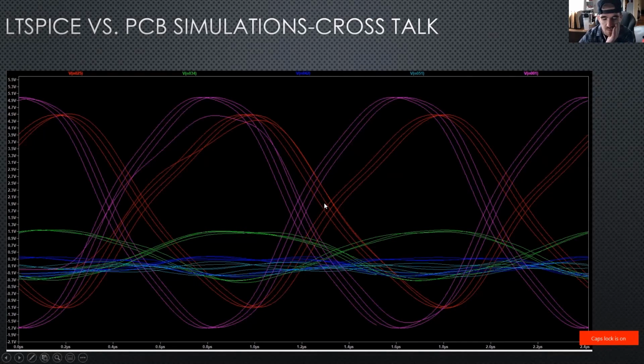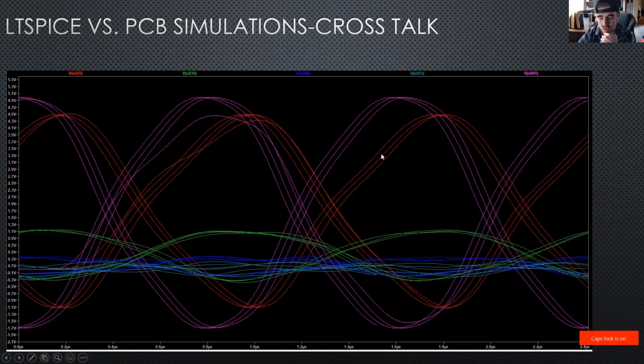So this is the comparison of the crosstalk between each line. The pink waveform is our ideal crosstalk waveform. And then the red, green, blue, and cyan waveforms are measured at each node, each termination. And these are the waveforms with capacitive and inductive coupling.